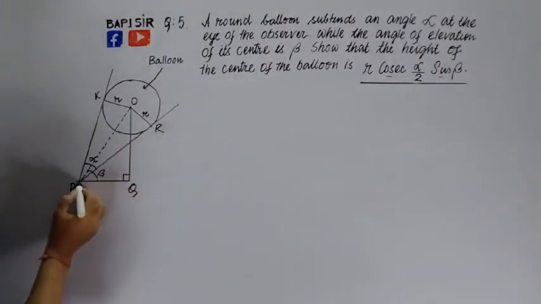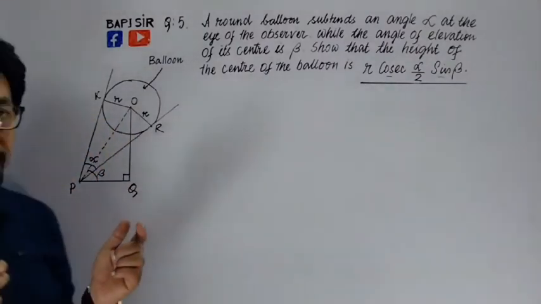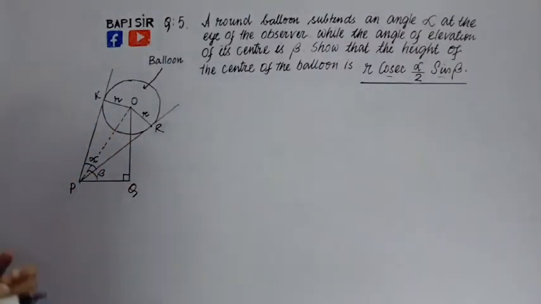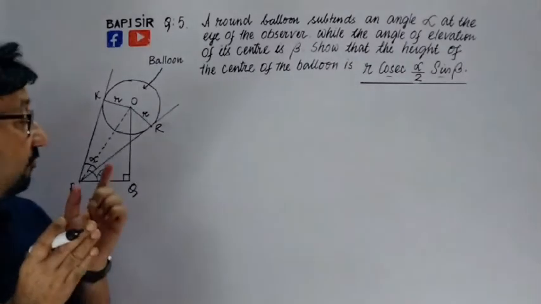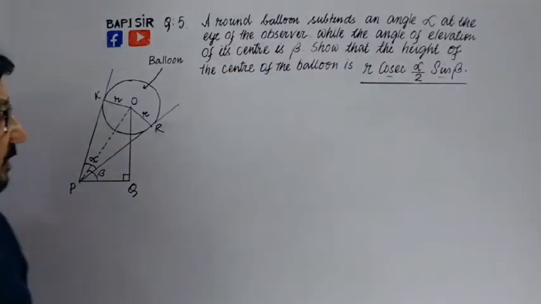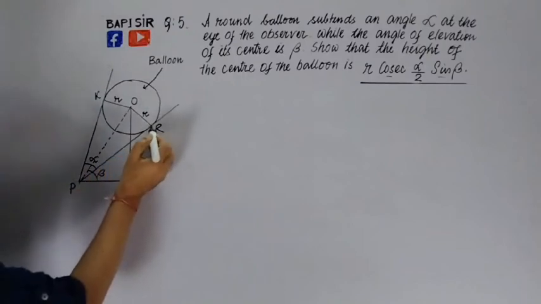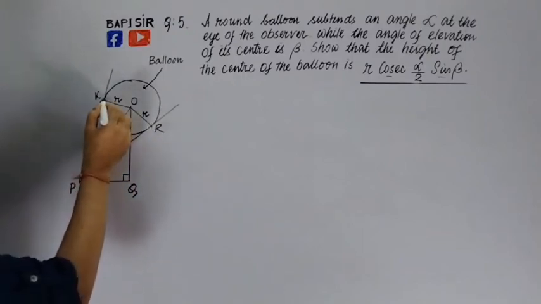Now PR and PK are the two tangents drawn from an exterior point. You must know, if two tangents are drawn to a circle from an exterior point, then the lengths of the two tangents are equal. That's why PR is equal to PK.